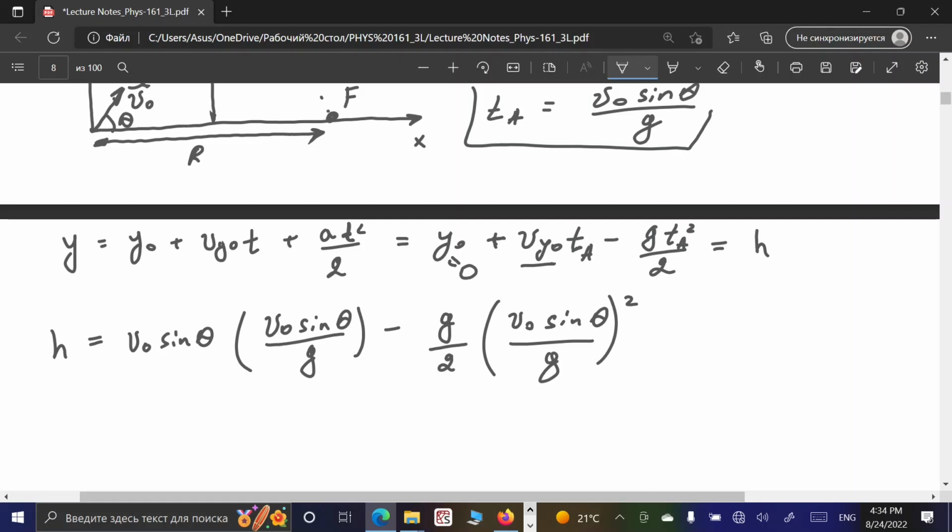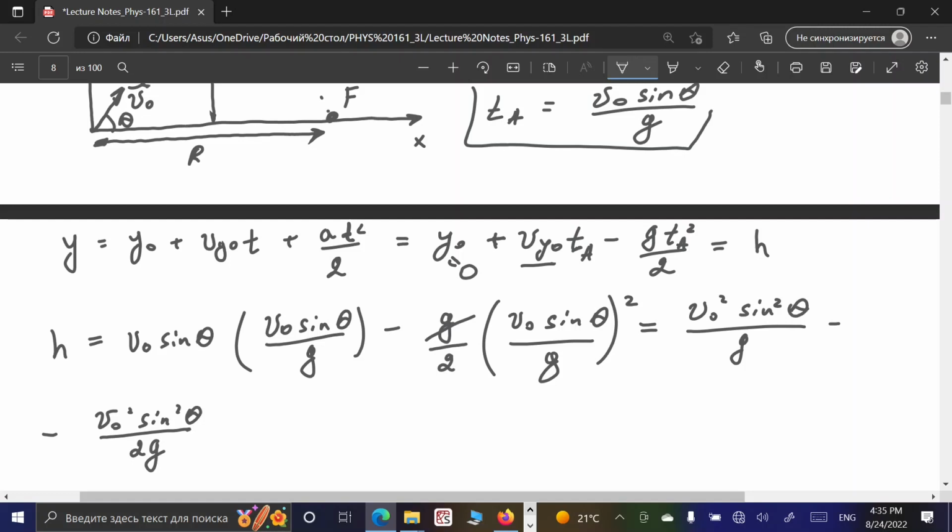Okay, so now let us open this parenthesis. Keep in mind here we cancel out with this g because it's in the numerator. And we have the following. We have v naught square times sine square theta divided by g minus v naught square sine square theta divided by 2g.